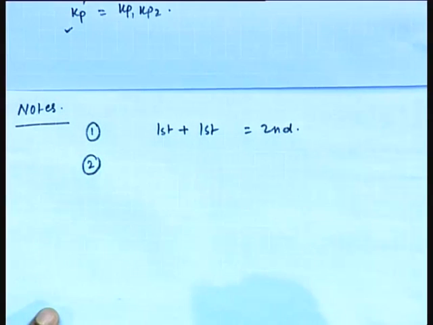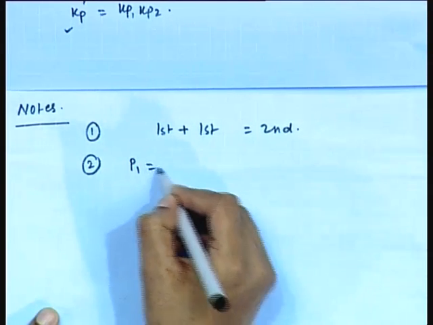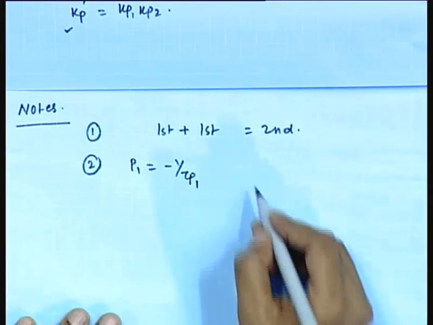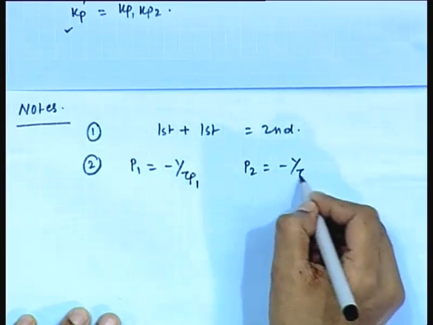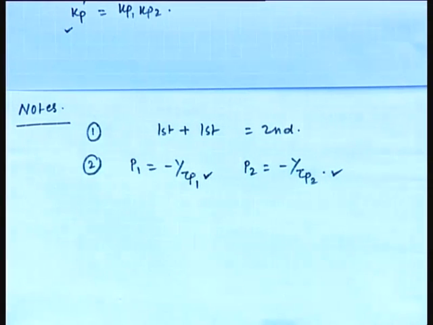Secondly, what are the poles in the overall transfer function? One pole is minus 1 divided by tau p1, another pole is minus 1 divided by tau p2. If we see the overall transfer function G naught(s), we have two poles. So, what about the overall response? Overdamped or critically damped or underdamped?